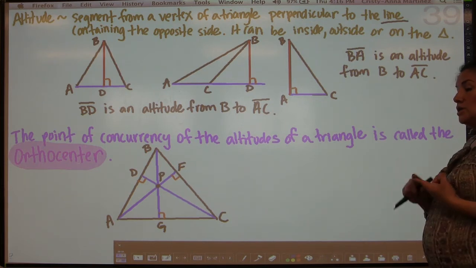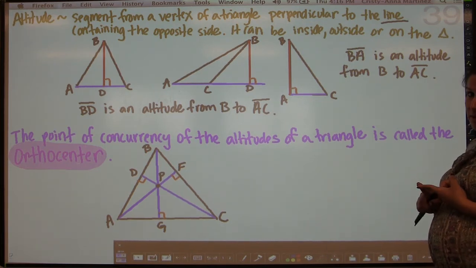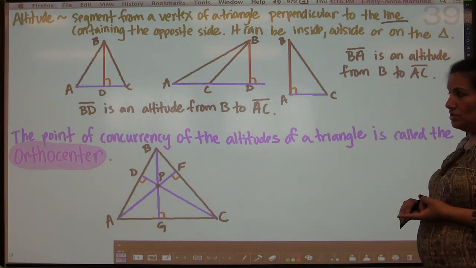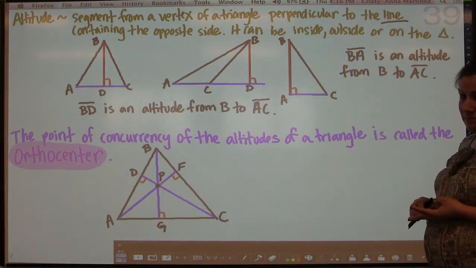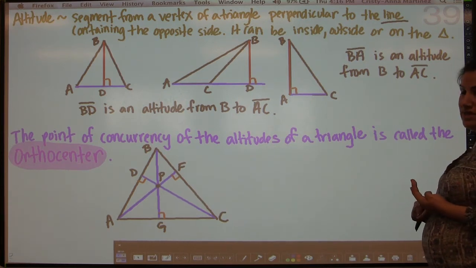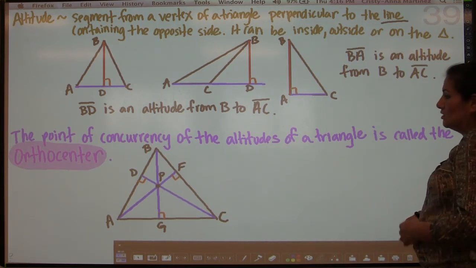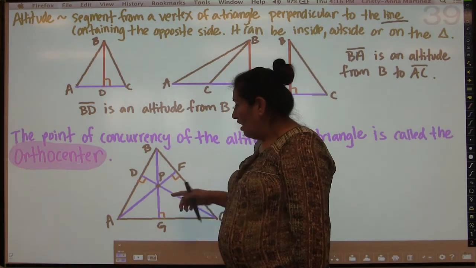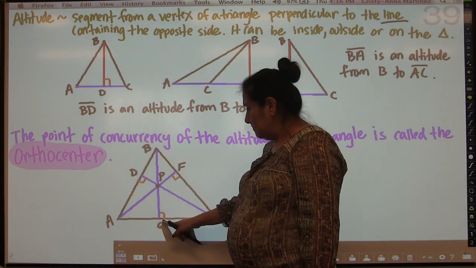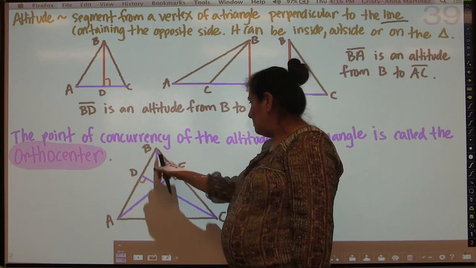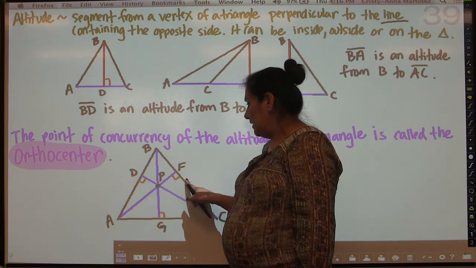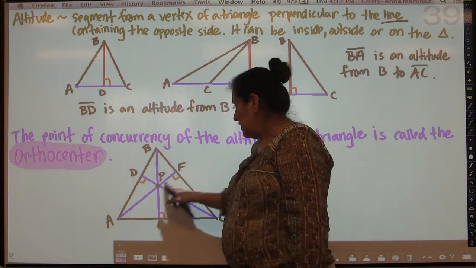So now we have circumcenter, which is the perpendicular bisectors. We have the incenter, which is the angle bisectors. We have the centroid, which is the medians, and then we have the orthocenter, which is the altitudes. And so I have a diagram here for you just to show you how the obvious height is the B to G, but if I made BC the base, then the perpendicular distance from this side to the opposite vertex is AF.